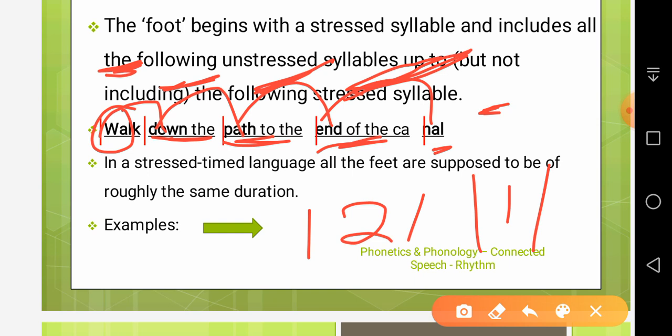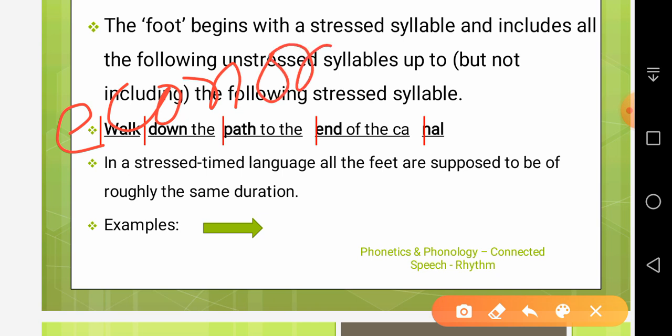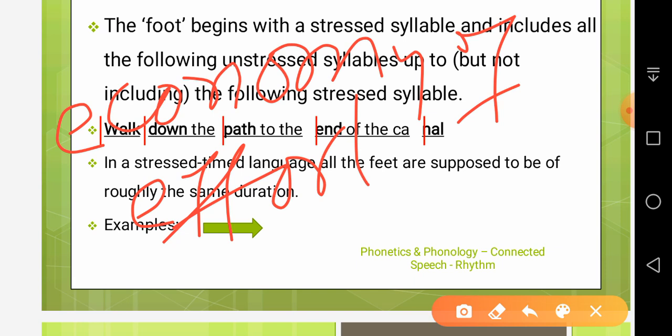Because, as in every video lecture I mention, in connected speech the economy of effort is the sole principle. Economy of energy or effort. So native speakers don't want to exert extra pressure on their vocal tract, so they go for such connected speech features which demand less energy, like assimilation, elision, then weak forms.